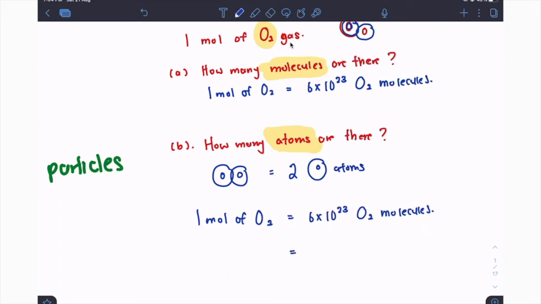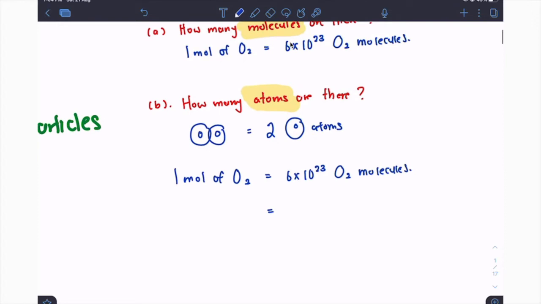They're asking about the number of atoms. So for every 1 molecule, I have 2 atoms. So I have to take the entire number and multiply by 2. Then I'll get 12 times 10 to the power of 23 oxygen atoms.